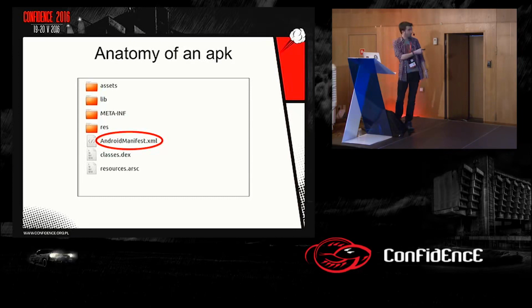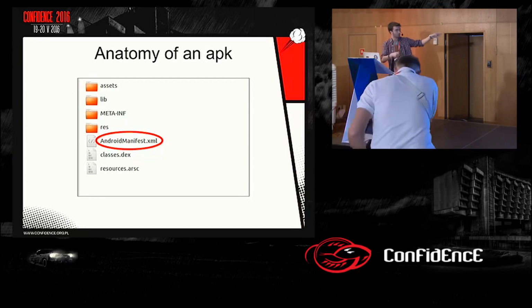And then the lib folder: when, for example, you create an emulator in Android Studio, you are able to choose which processor you want on the emulator, like ARM or x86. So in this folder, you can find the compiled source code for the processor.